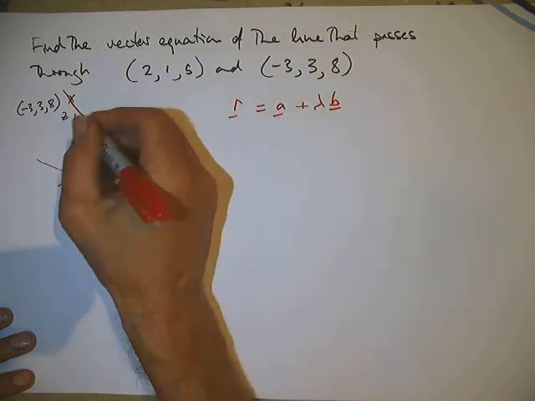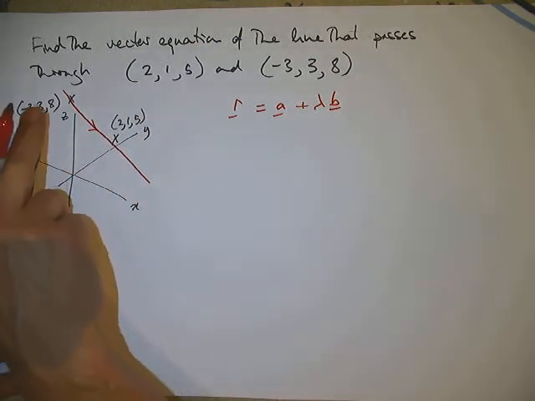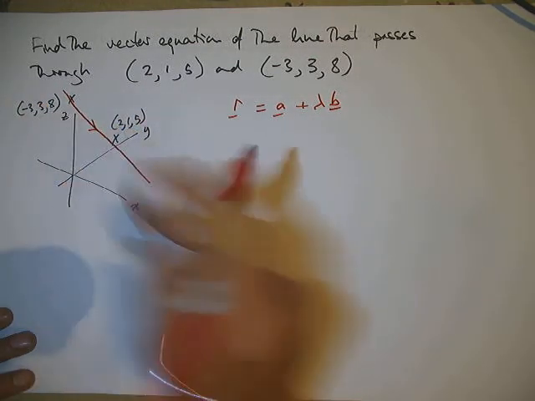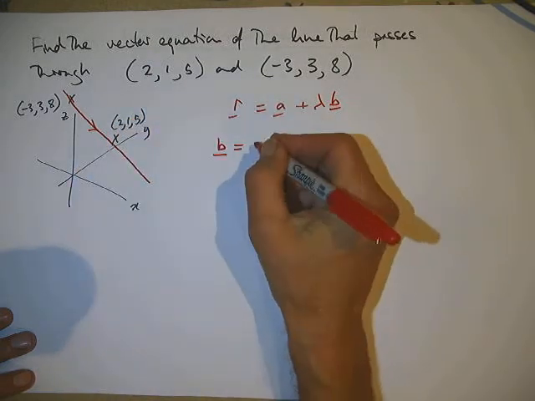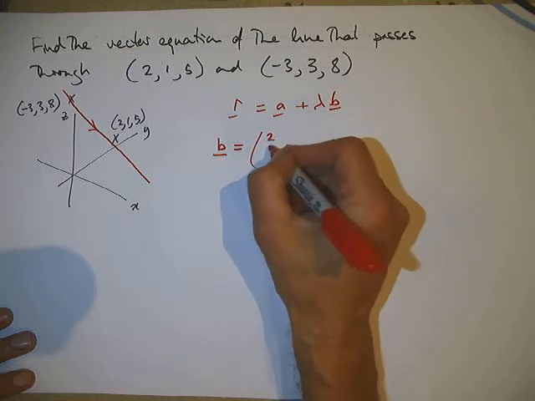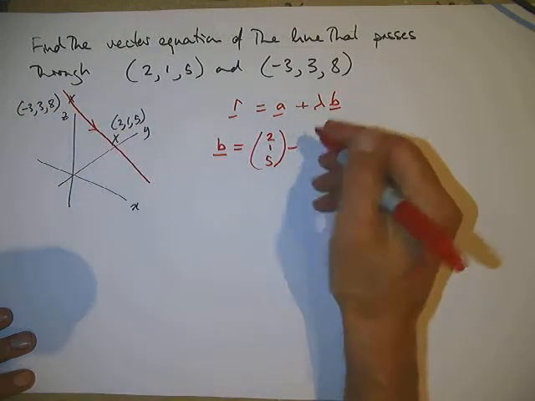The direction of the line, we could use the vector that takes us from that point to that point. So b, the direction of the line, could be expressed as how we go from there to there.